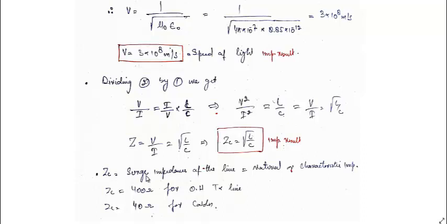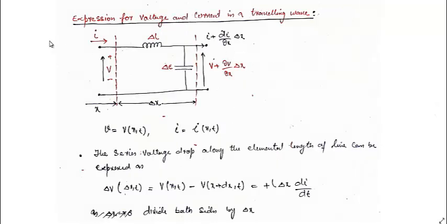The epsilon r for the overhead line is the epsilon r for the air, because the medium between the conductor and ground is air, and in case of cable the medium between conductor and the sheath is some dielectric which has epsilon r more than that of one. So in that case this capacitance is furthermore increased, so that's why the surge impedance is very small as compared to the overhead line. So let us move ahead.